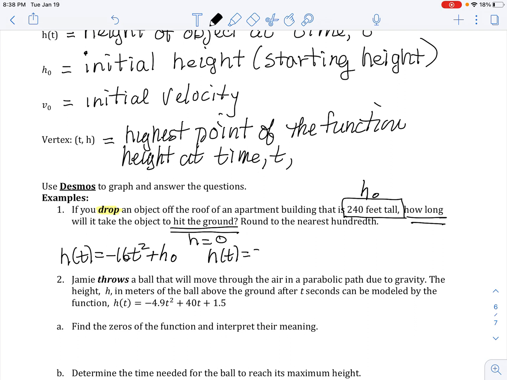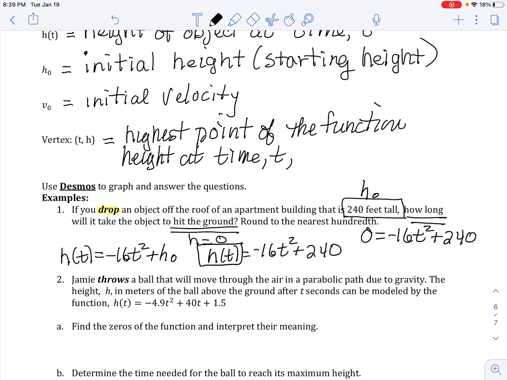So that means h of t equals negative 16t squared plus 240. What are we doing? We are finding how long until the object hits the ground. The ground is 0. So that means this is going to be equal to 0. So 0 equals negative 16t squared plus 240.